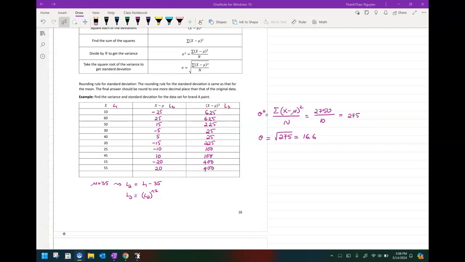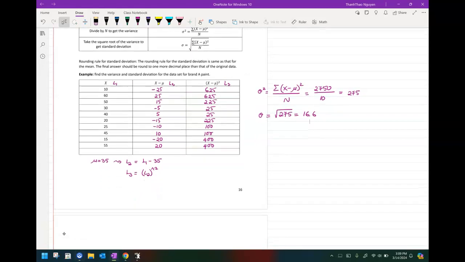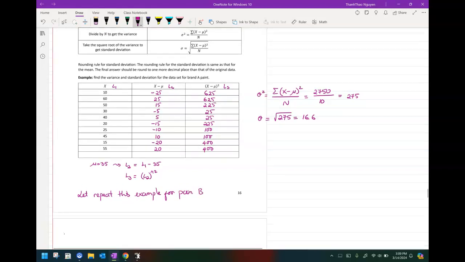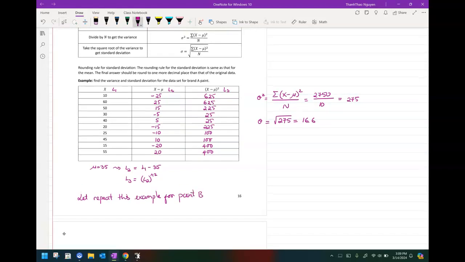So let's repeat this calculation, but for the data set for the brand in part B, and see what happens. So let's repeat this example for pen B. Okay, and to do that, I'll go ahead and use the calculator. I will tell you how to do that.